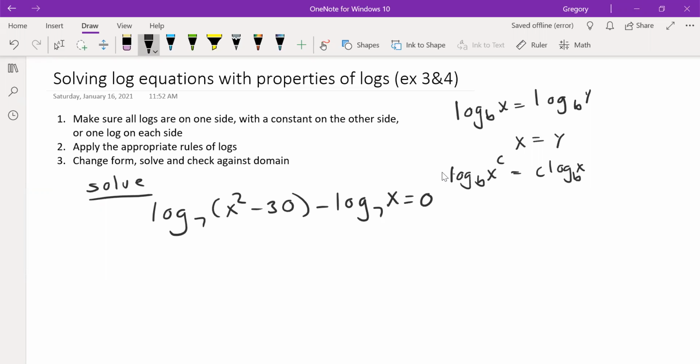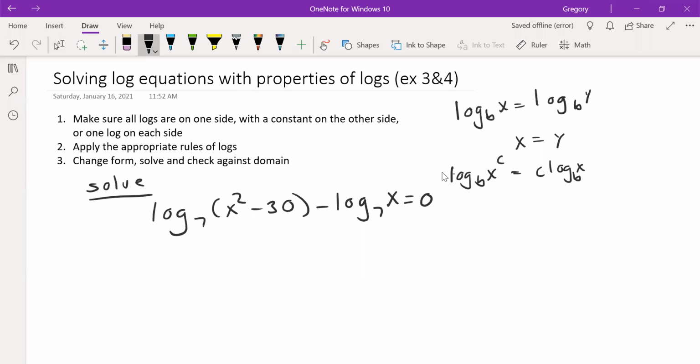Now, what's notable about this equation, if you've seen some of my other videos on this process, I've said that you want to make sure all your logs are on one side with a constant on the other. That is true unless you have the situation that I have here, where my constant is 0, not any other number like 2 or 4.